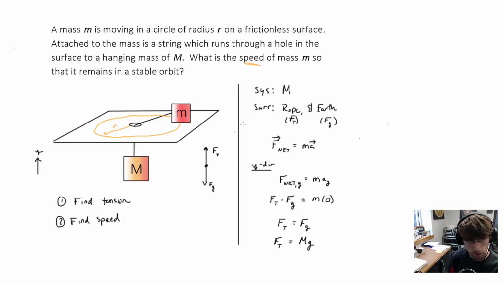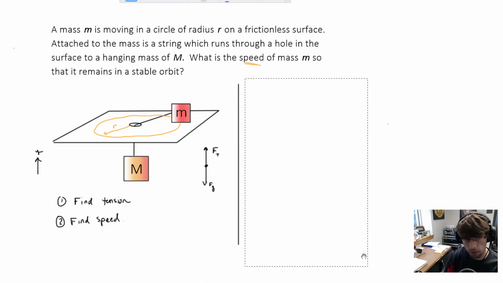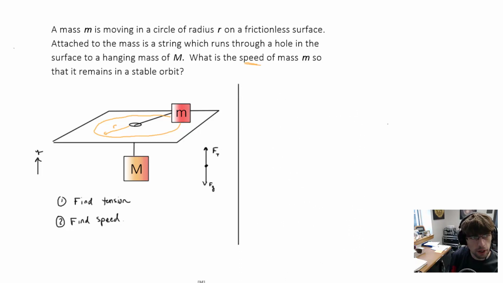Okay, so we're buzzing through this a little faster now. You've got a lot more experience with it. So let's go ahead and now address our step 2. So the idea of a system and surroundings for step 2: we're talking box m.